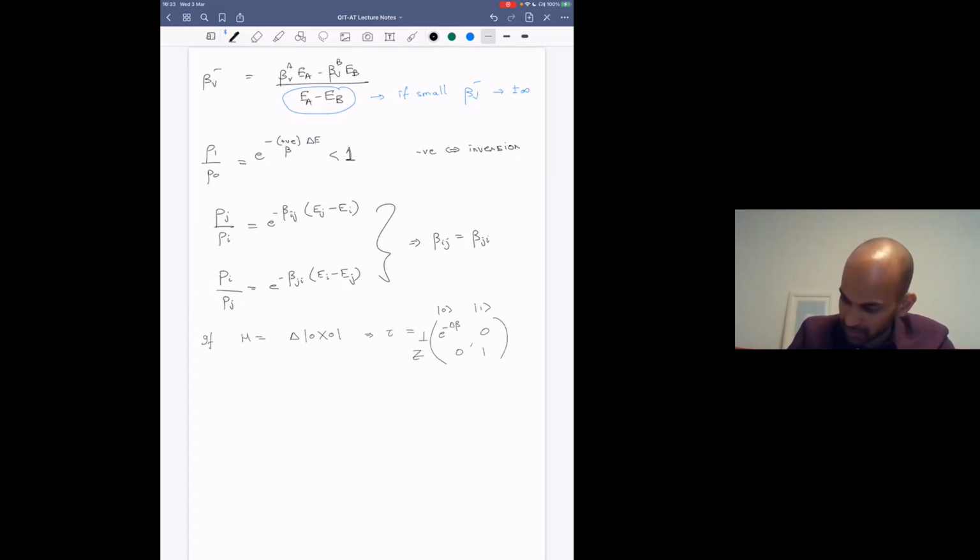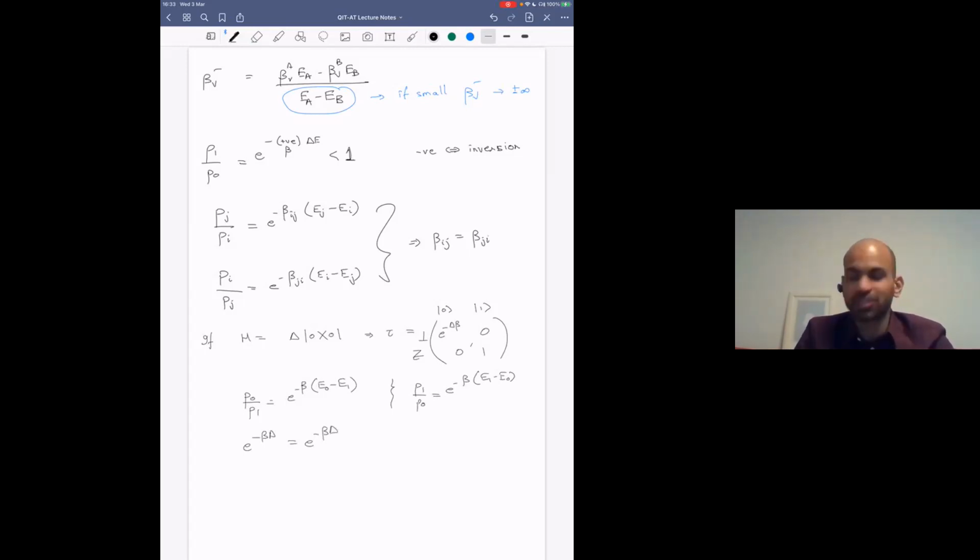So I still have that beta is defined from P0 over P1 is equal to e to the minus beta times E0 minus E1, or the opposite, I can say P1 upon P0 is e to the minus beta E1 minus E0, and these are the same equation. And so this is now e to the minus beta delta, where E0 is the higher one.